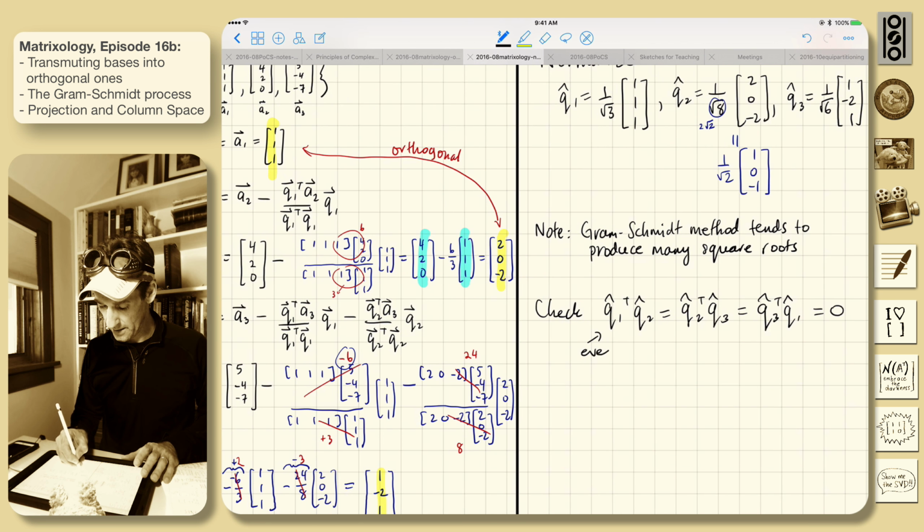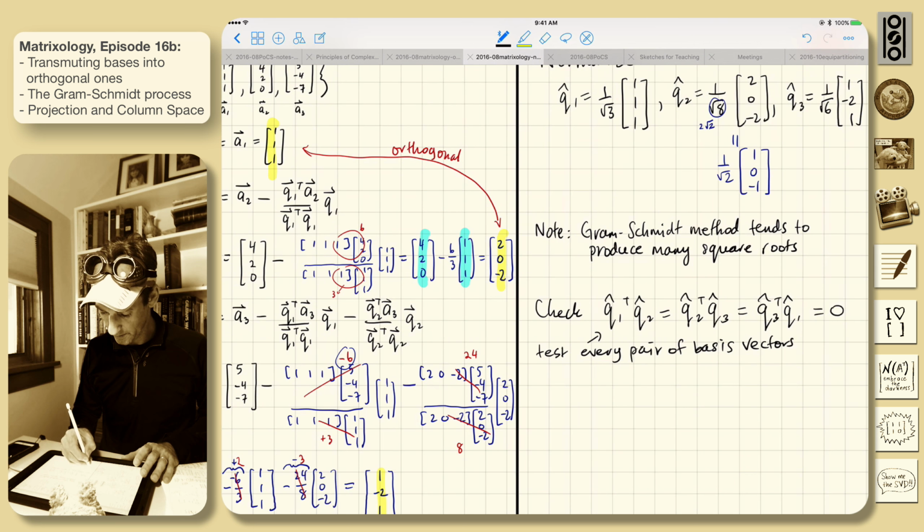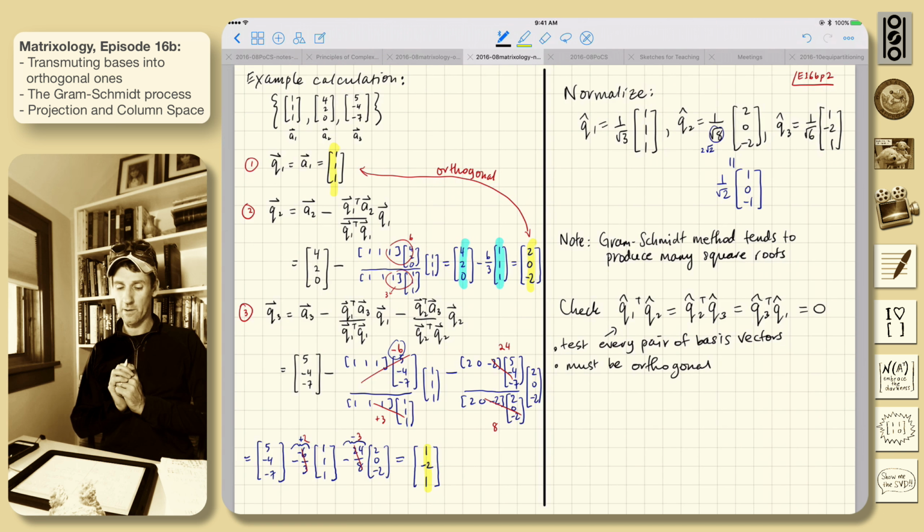Every pair of basis vectors, right? They must be orthogonal. So we've kind of guaranteed that by the way we've built it.